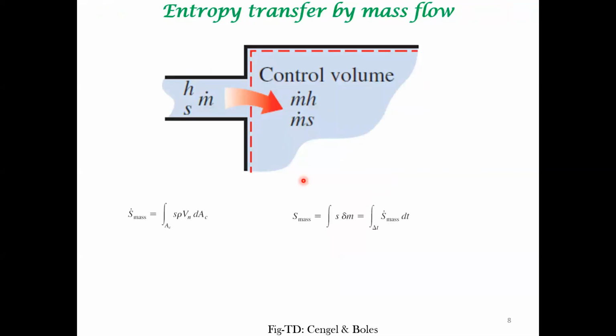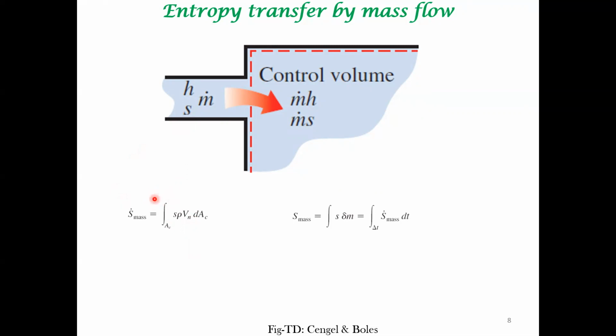There can also be entropy transfer by mass flow, because entropy is a state property. Supposing you have a control volume and there is a certain amount of mass that is input into the system, and that comes in with a particular intensive quantity, the enthalpy and entropy as stated here, you can calculate the amount of entropy transfer via mass flow by knowing the velocity at this cross section, density, that will give you the mass, times the intensive quantity, that's the specific entropy.